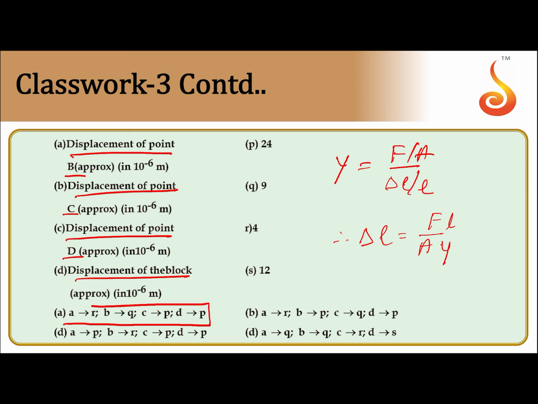A corresponds to R, B corresponds to Q, and obviously C and D should correspond to the same thing. Do you agree or not? Because it's about displacement of point D and the displacement of the block. Both of them are same, so clearly C and D should correspond to the same quantity.